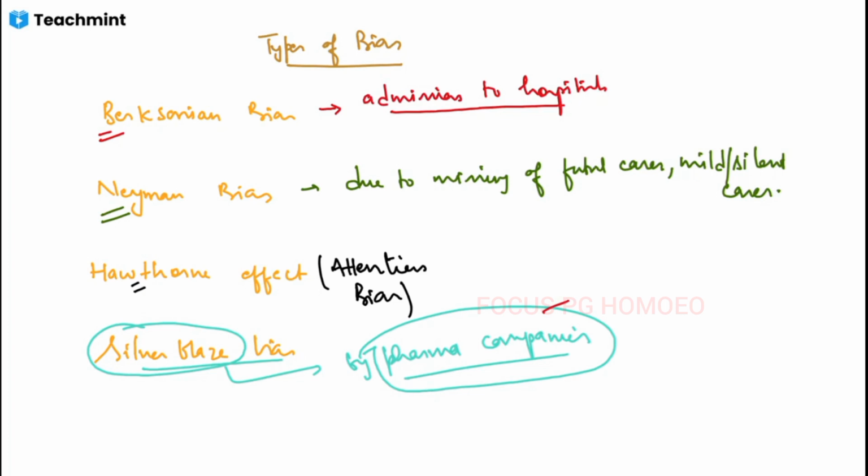In homeopathy, most of the studies show positive results. This is not possible, no? That every study we are doing shows positive results. So Silver Blaze bias is done by the pharma companies, which promote the positive result studies and omit the negative results. Okay, this is about the biasness.